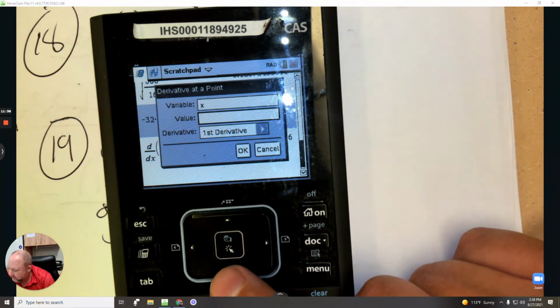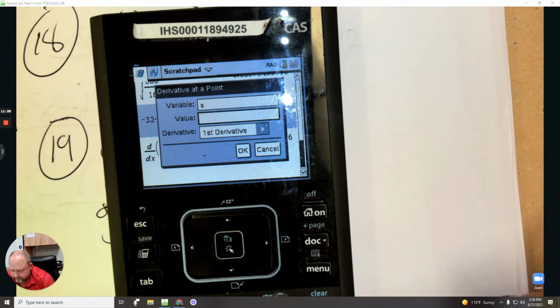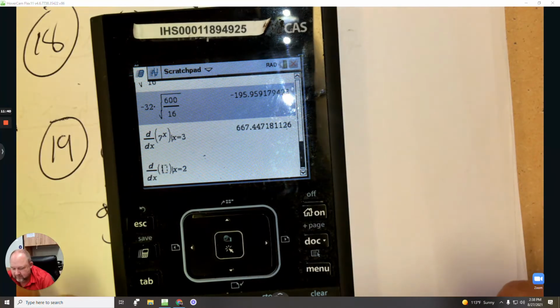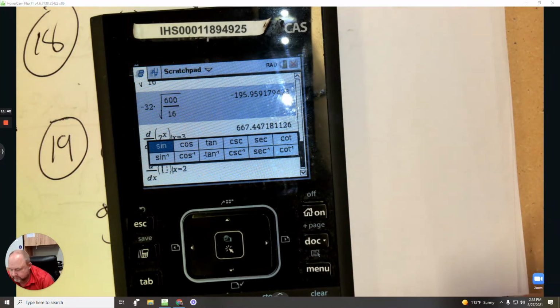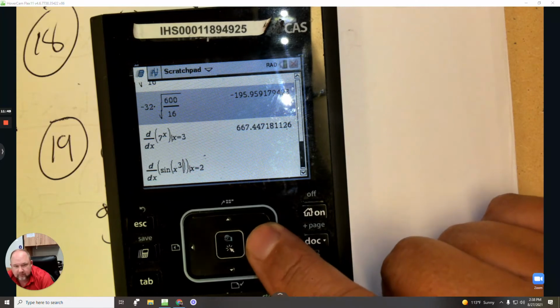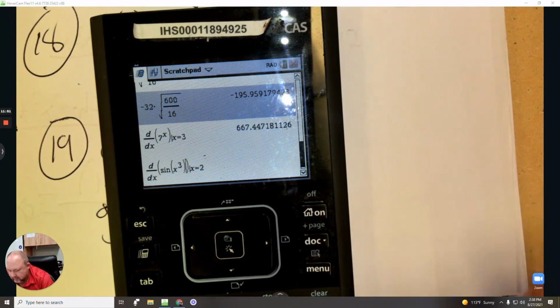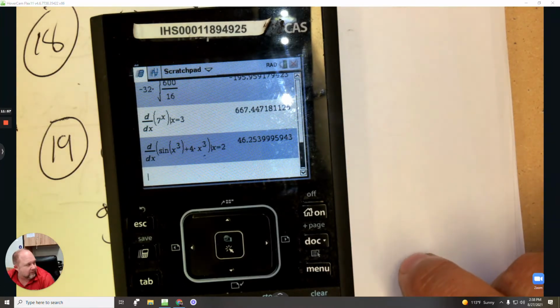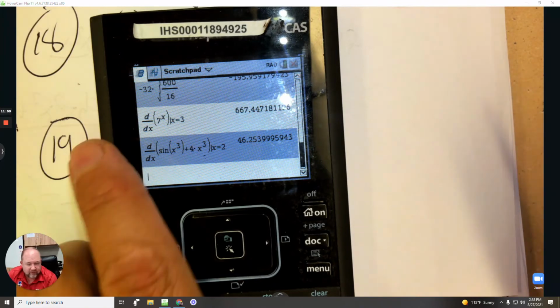And then the value for the first one I said was at 2. And then we type in sine, and inside is going to be x cubed plus 4x cubed. And then control enter, and it's 46.253. Don't round.